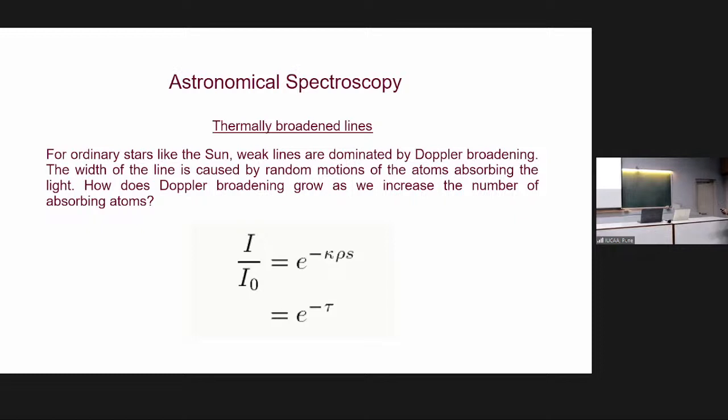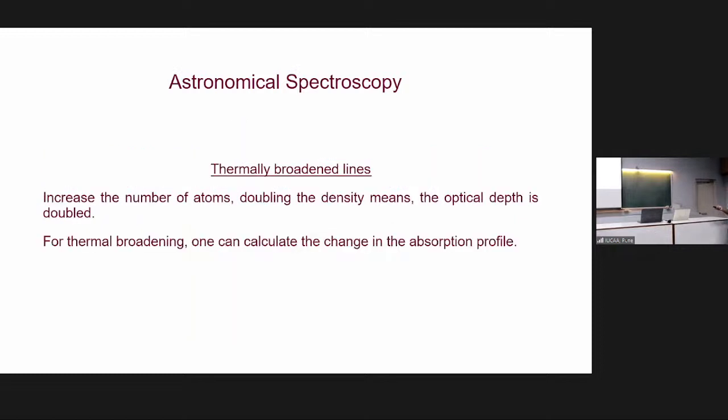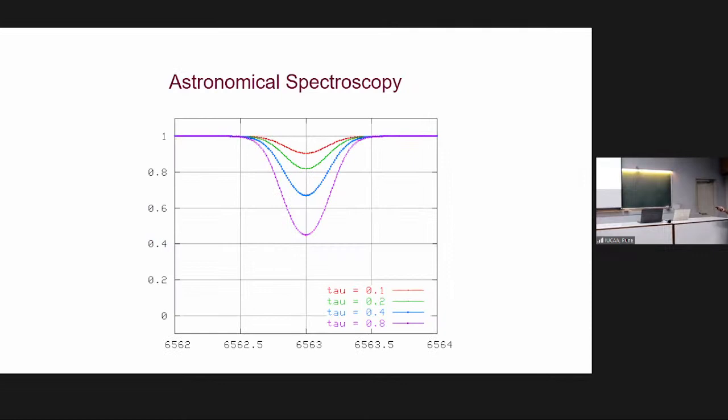So in the optically thin environment, we see that if we double the number of absorbing atoms, then this optical depth keeps doubling. So the area under the curve is doubling. If we try to find the equivalent width, we find that the equivalent width corresponding to the red one will be half of the green one. The green one will be half of the blue one.